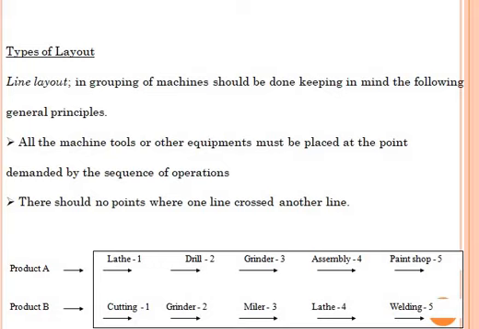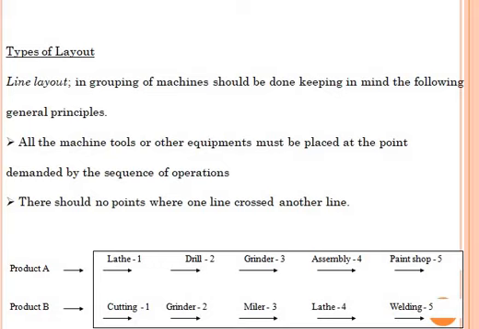We have to take into consideration and keep in mind these principles: all the machines, the tools and the equipment must be placed at the point where I need them, in the sequence that I need them, so that the final product can be manufactured. There shouldn't be any points where we intersect, or have crossing between the lines.